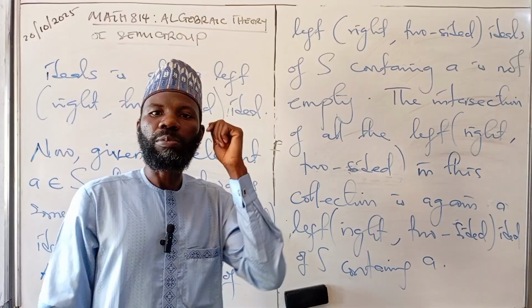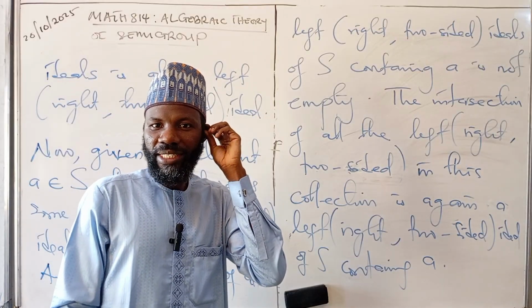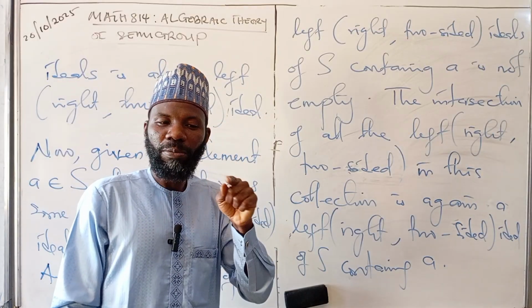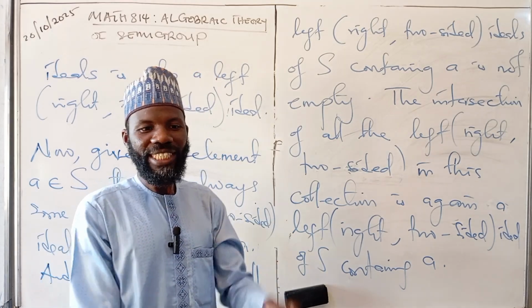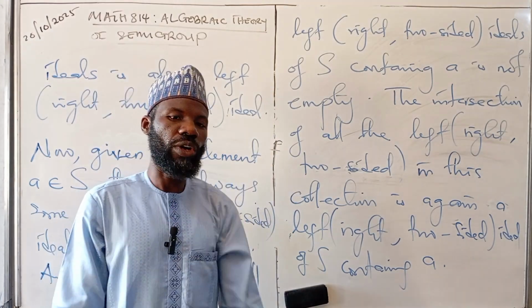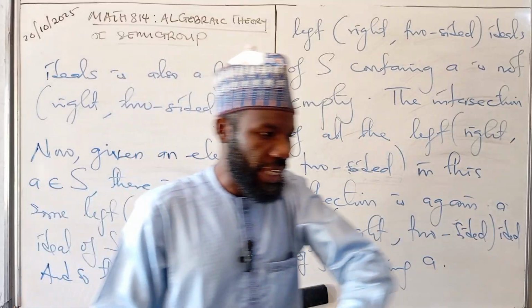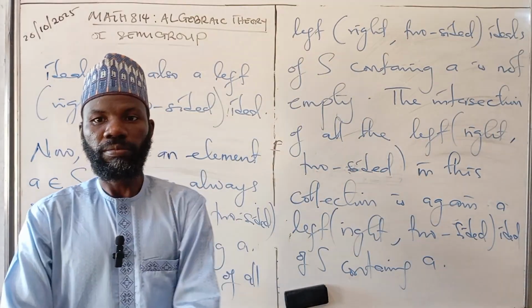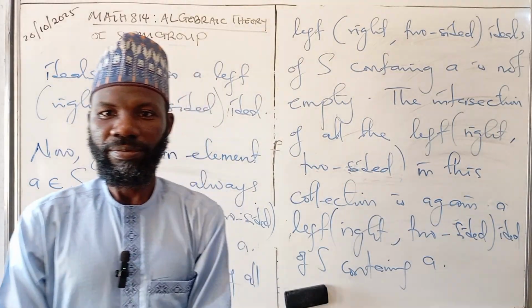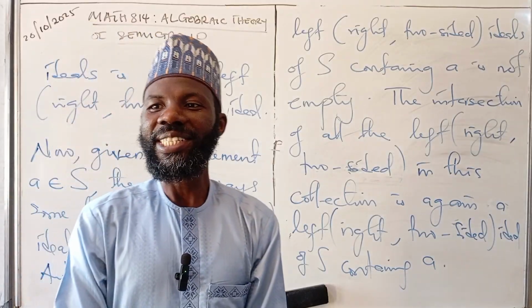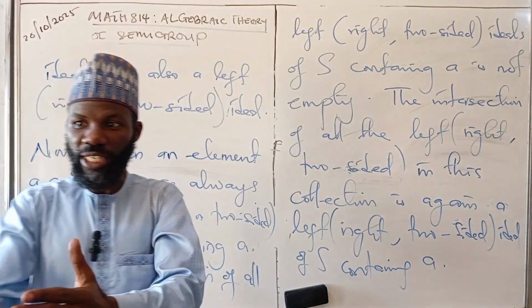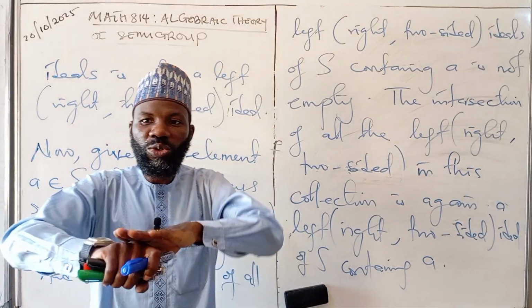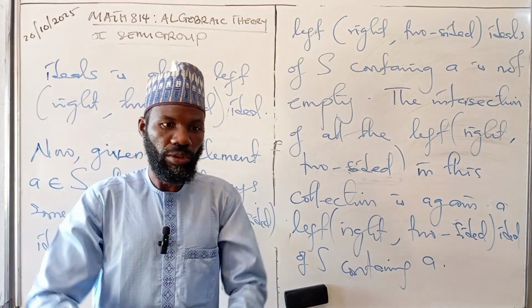It has one extra property. What is that property? Apart from being a left or right or two-sided ideal containing A, it has one more property that other ideals in this collection do not have. It is the smallest of all of them, because it's the intersection of all of them. If you take two sets and intersect, the intersection will be smaller than each one of them.